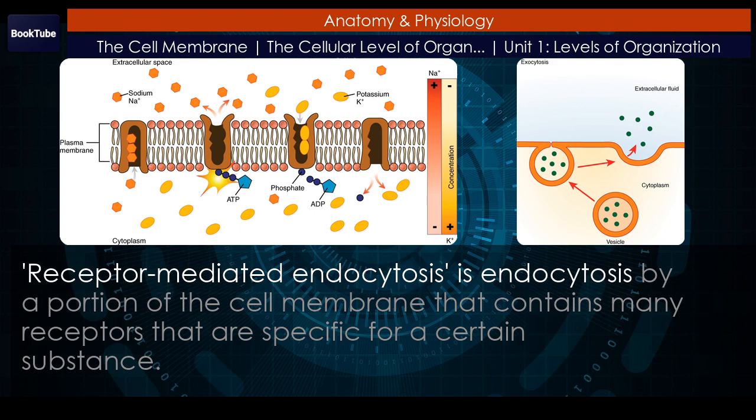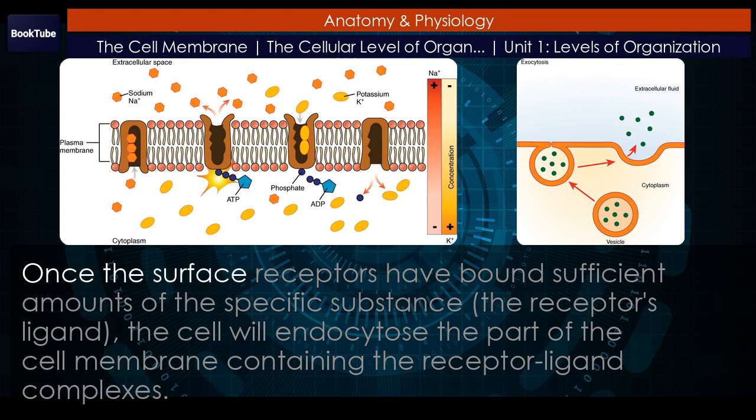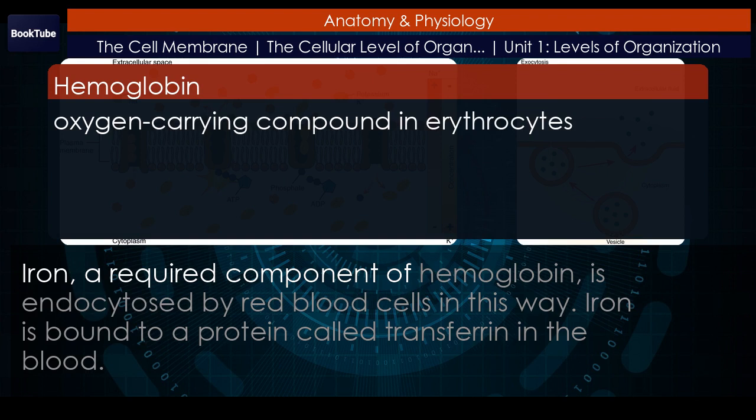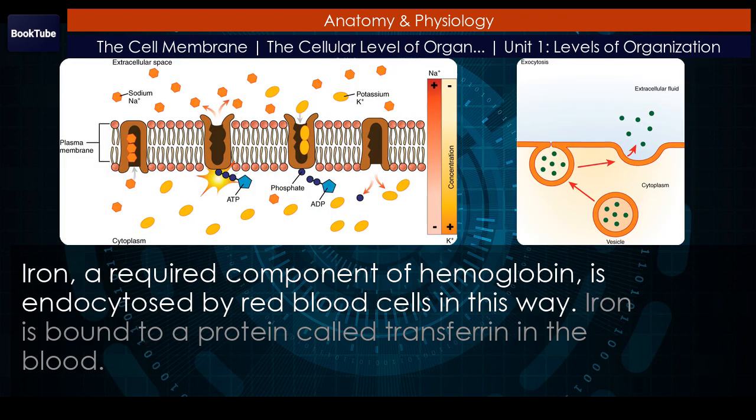Cells regulate the endocytosis of specific substances via receptor-mediated endocytosis. Receptor-mediated endocytosis is endocytosis by a portion of the cell membrane that contains many receptors that are specific for a certain substance. Once the surface receptors have bound sufficient amounts of the specific substance, the receptor's ligand, the cell will endocytose the part of the cell membrane containing the receptor-ligand complexes. Iron, a required component of hemoglobin, is endocytosed by red blood cells in this way.